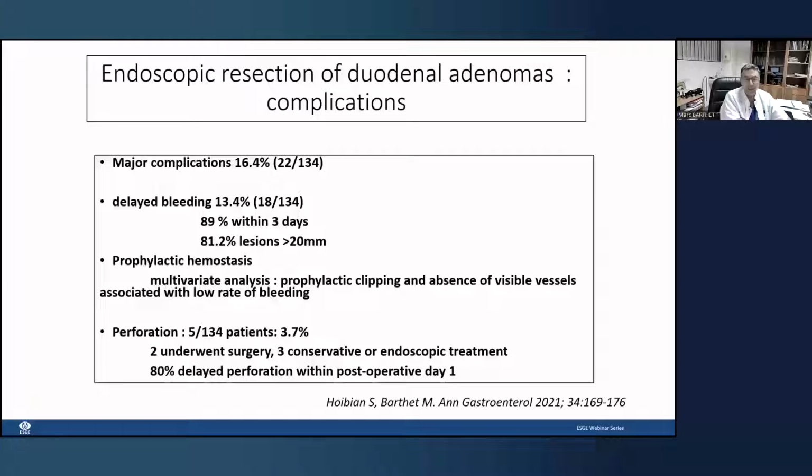And keep in mind that you can also have delayed perforation due to coagulation. So for endoscopic resection, I try to use the least coagulation current I can. For instance, I'm not using Endocut Q current, but I'm using Endocut I current, like for endoscopic sphincterotomy, to decrease the rate of delayed perforation.